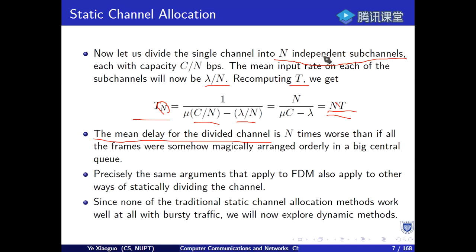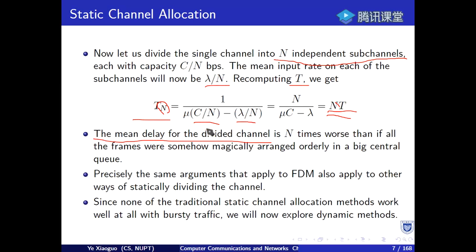Precisely the same arguments that apply to FDM also apply to other ways of statically dividing the channel.